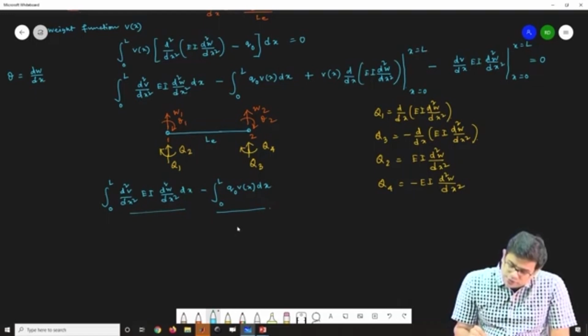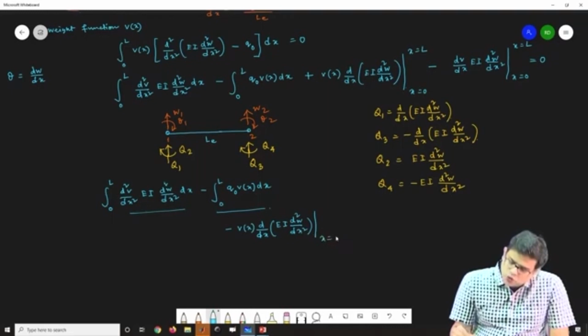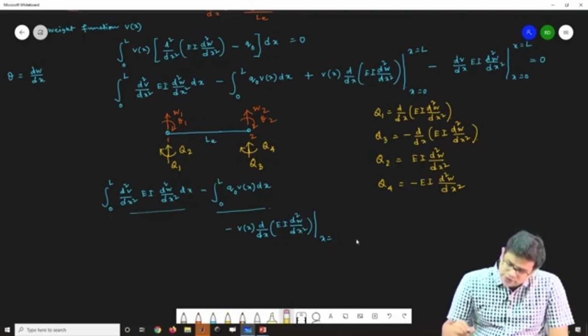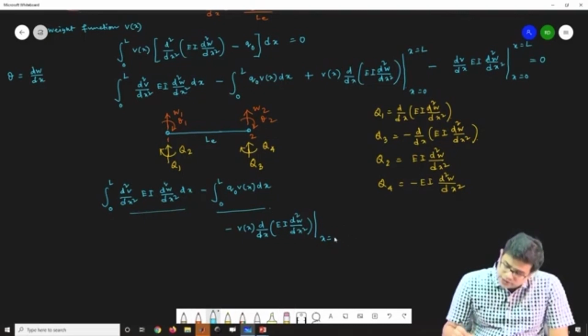Now the boundary terms will come, which will be minus V and d/dx of EI d2w/dx2 at x equals L. Let us write L, then after discretization I'll write in terms of LE.